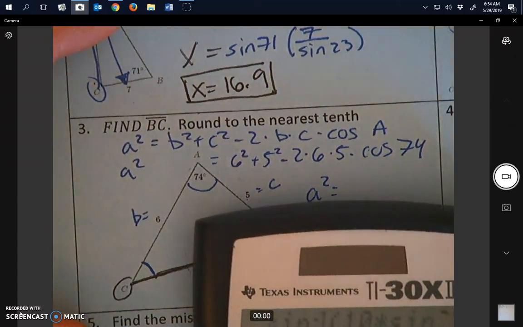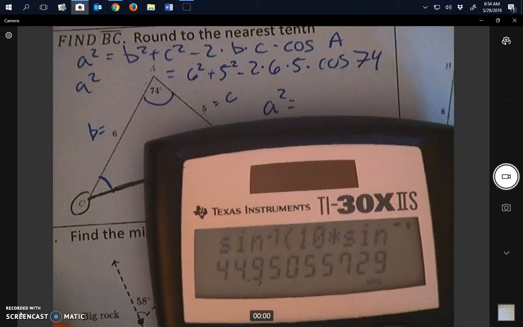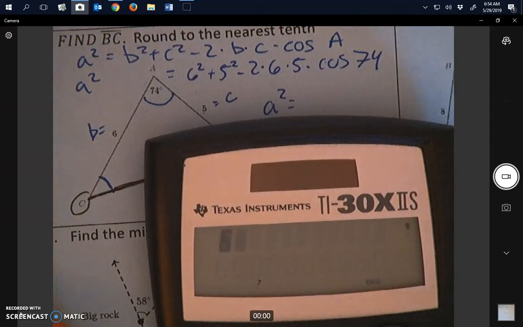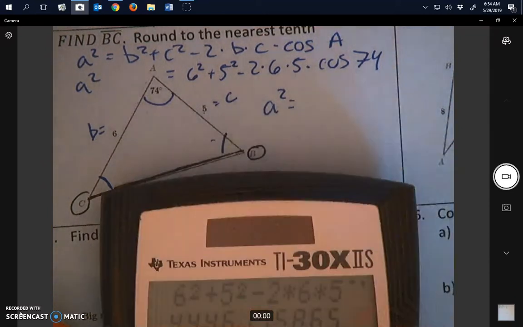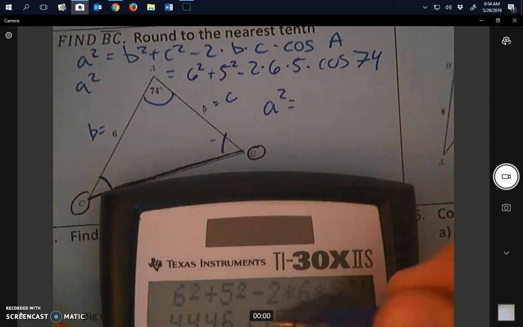Let's do that right now. Okay, so 6 squared plus 5 squared minus 2 times 6 times 5 times cosine of 74. All right, so A squared is equal to 44.462.